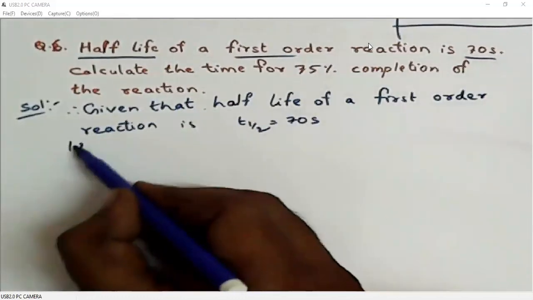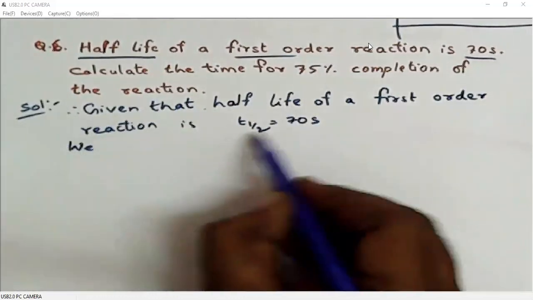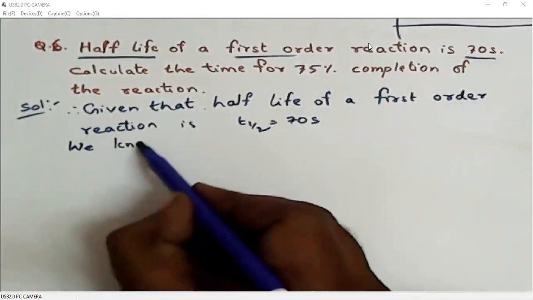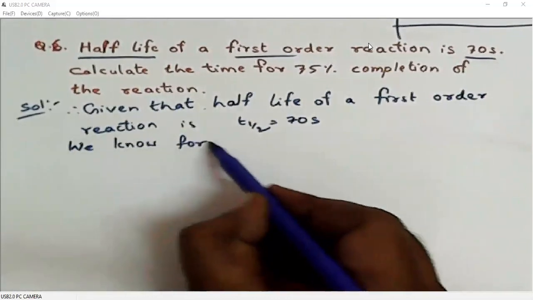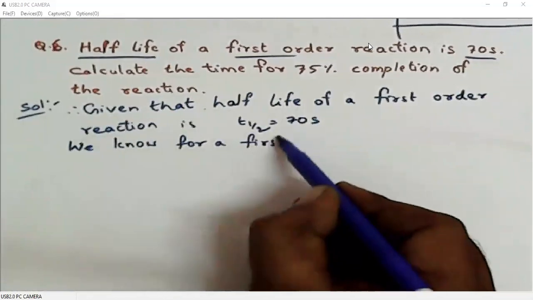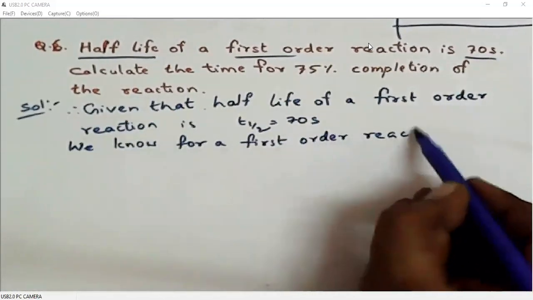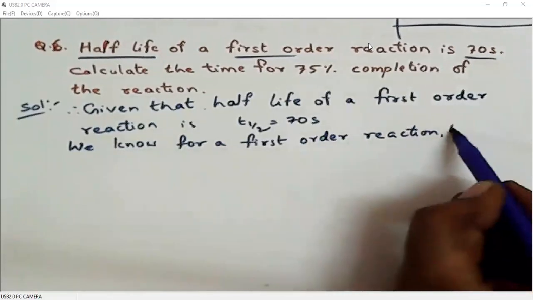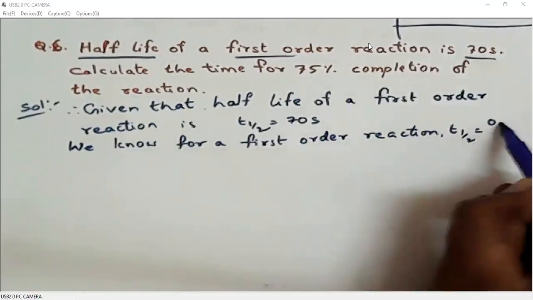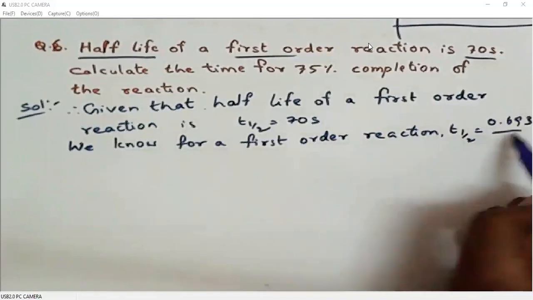We know the expression for half-life of a first order reaction. We know for a first order reaction, T half is equal to 0.693 by K1.